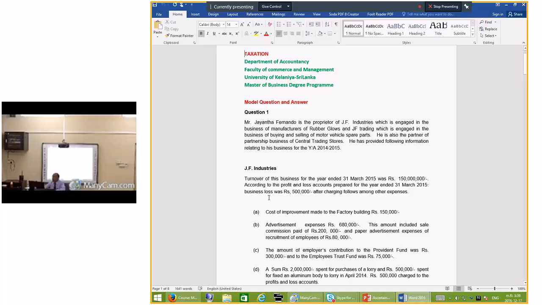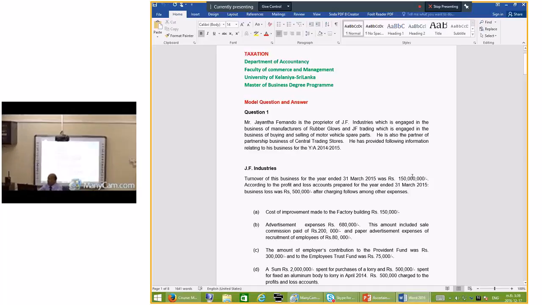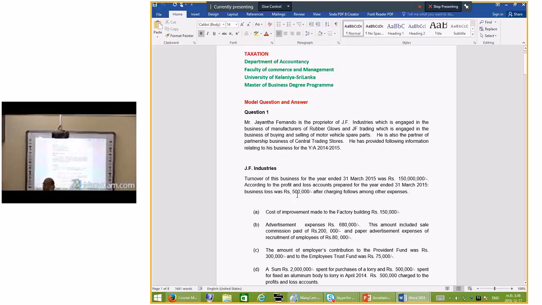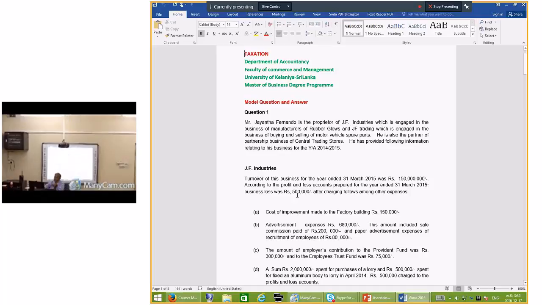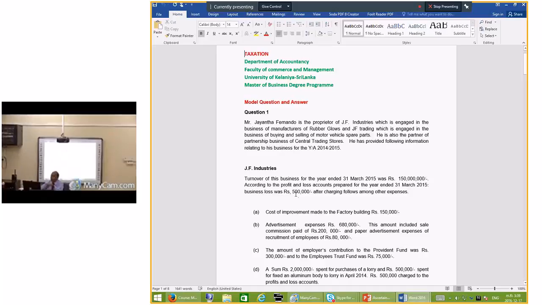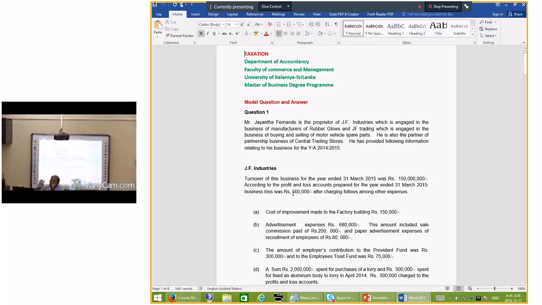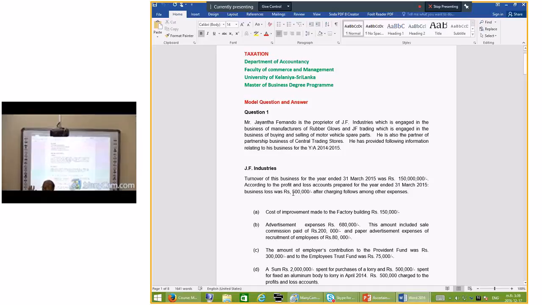Among other expenses, you are given the JF Industries information. Their turnover has been given, and also the result, the 500,000 loss. Then we assume that profit is ascertained in accordance with the principles of commercial accounting.